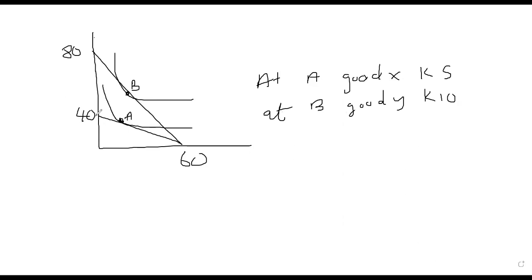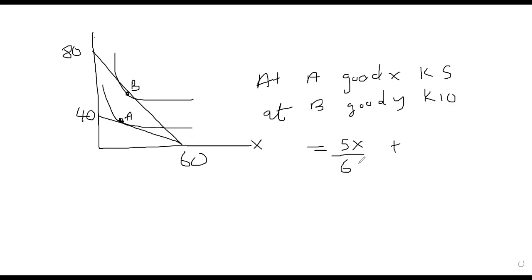So let's go to A. At A, we're told it is 5 kwacha, so 5x, but we don't know what the price of good Y is. We're being asked to find the budget line and the income. So we know that at good X, it is cutting the X-axis at 60.